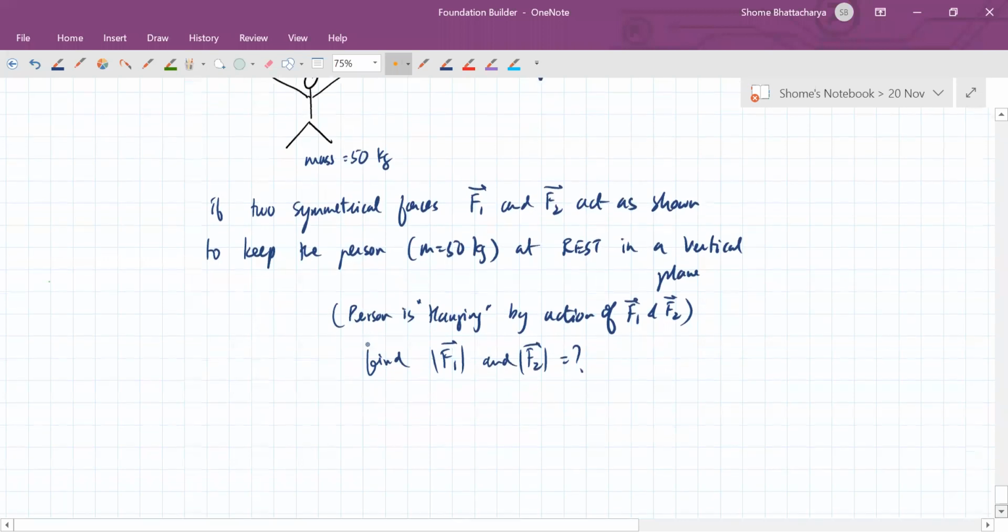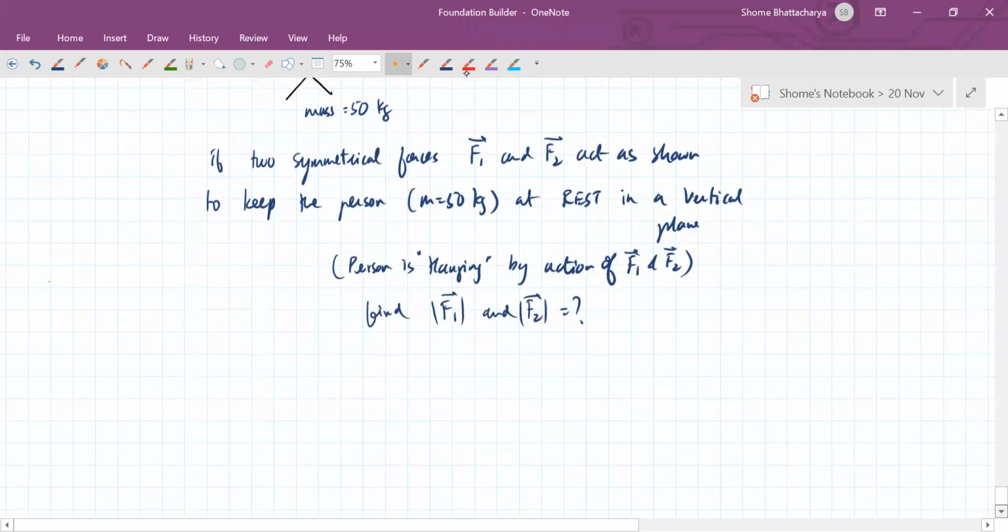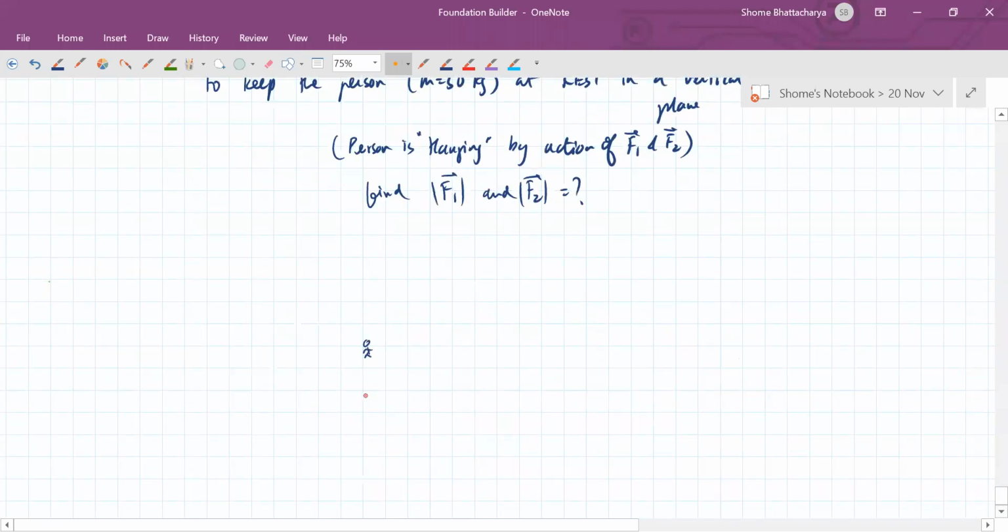So realize that in all, on the person, there are three forces which are acting: gravitational force, F1 and F2. Okay. And their vector sum should be 0.